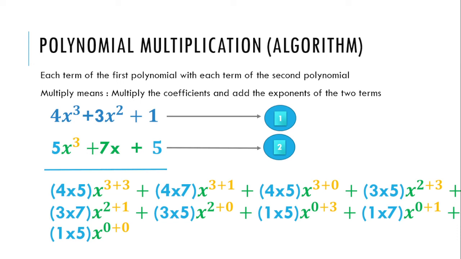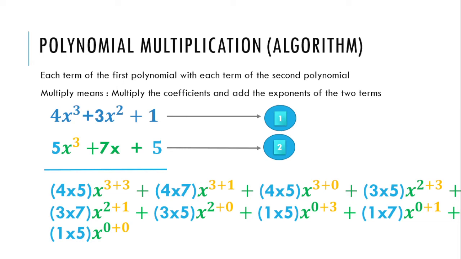So, let us take one example. We have two polynomials. The first one is 4x cubed plus 3x square plus 1. The second polynomial is 5x cubed plus 7x plus 5. Now, how to perform multiplication on them?